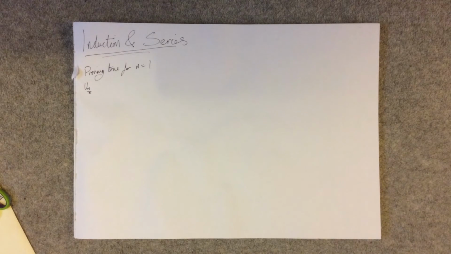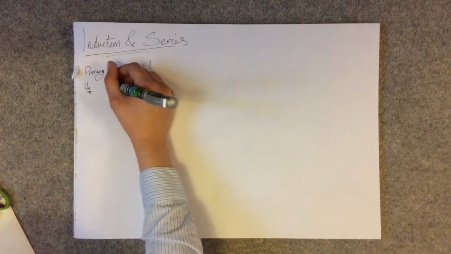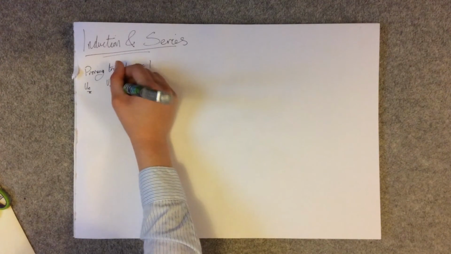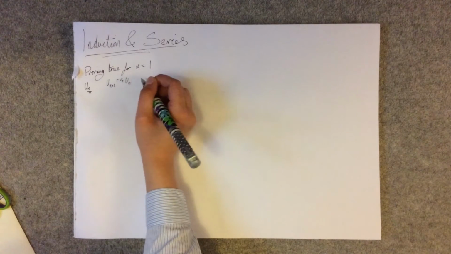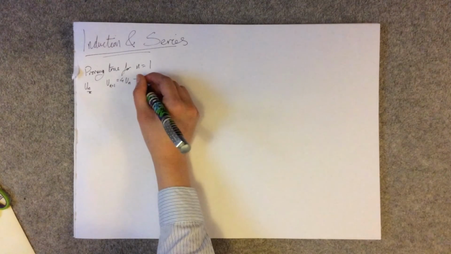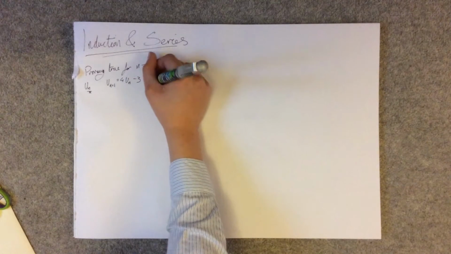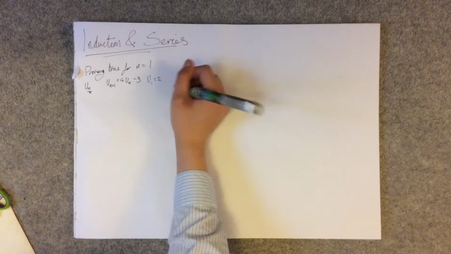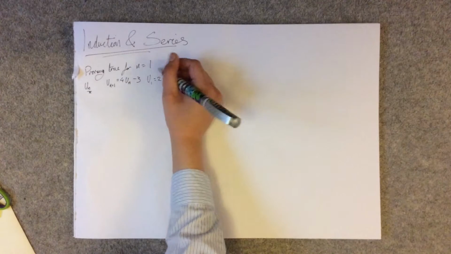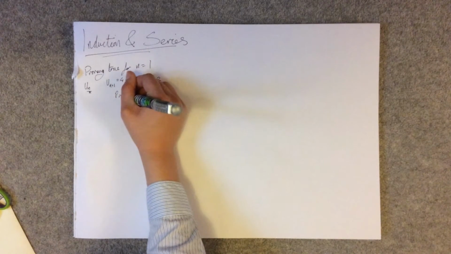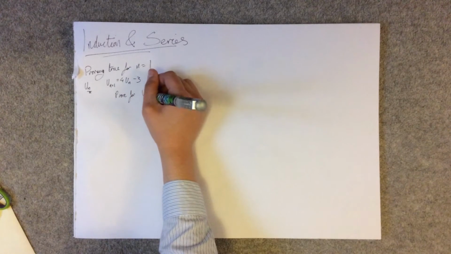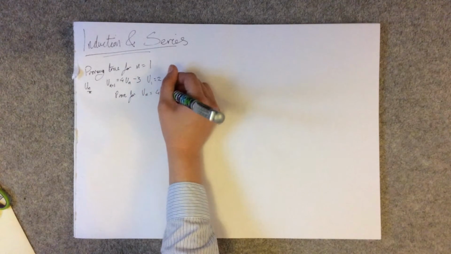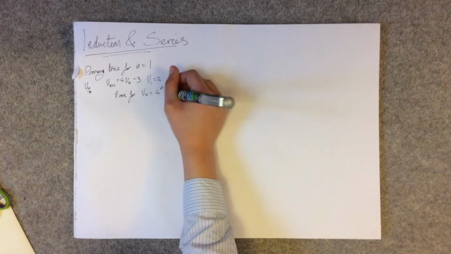And that's all you have to do. So for example, if you're given the equation un plus 1 equals 4un minus 3, and you're given u1 equals 2, and you have to prove for the equation un equals 4 to the n minus 1 plus 1.